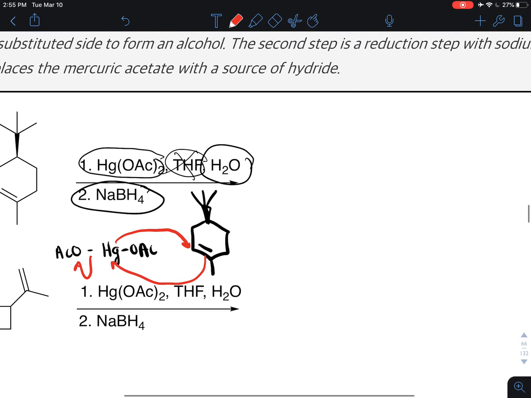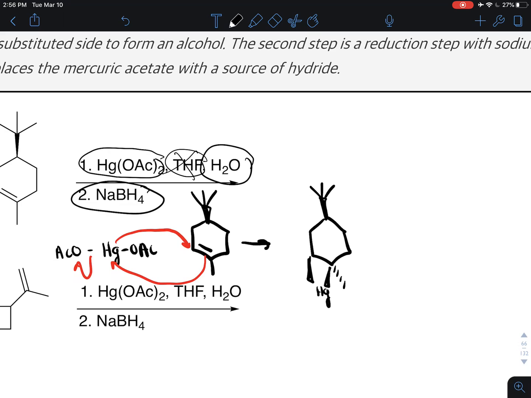Okay, so what's going to result from that is this bridge. Okay, so we have that bridge, and that could have been also on a dash orientation as well.